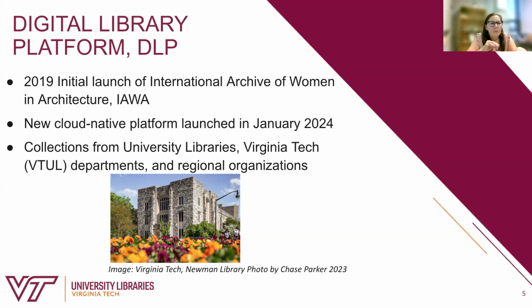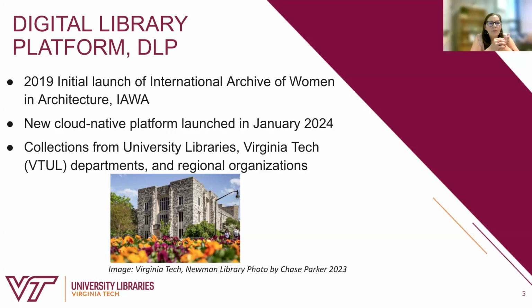So let's start off with the DLP platform. In 2019, we had an initial launch of our first platform. It was the International Archive of Women in Architecture, IAWA. See, I told you we like to use the acronyms. And it was a cooperative agreement between university libraries, the Art and Architecture Department, as well as Urban Studies.